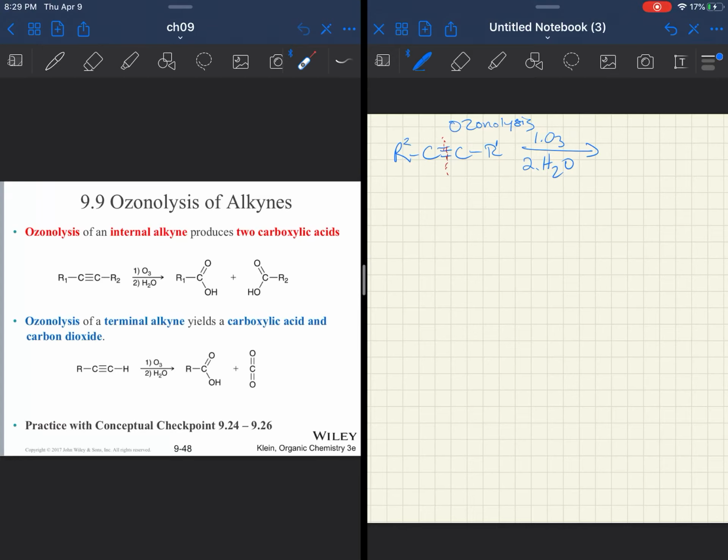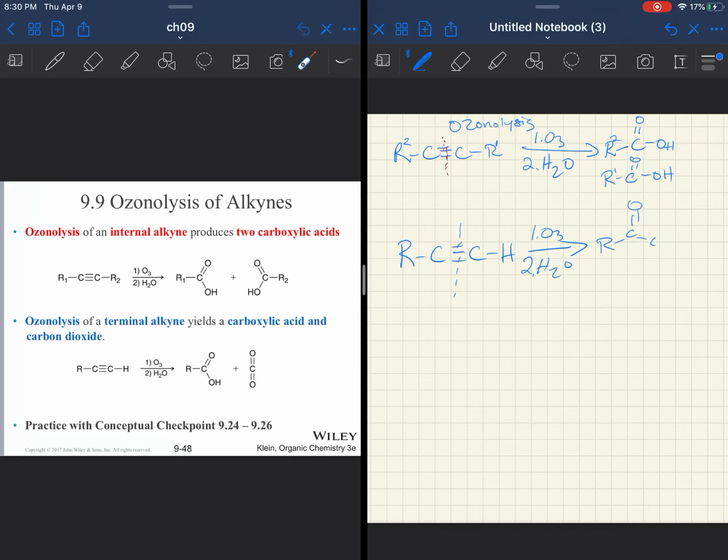It is still going to cut through that triple bond and oxidize those carbons, increasing bonds to oxygen. Let's say this is R1 and R2, because it doesn't have to be symmetric. You are going to get all three bonds to oxygen, which is going to leave you with carboxylic acids. Depending on what those R groups are, you'll get two equivalents of a carboxylic acid, or you'll get an equivalent of two different carboxylic acids.